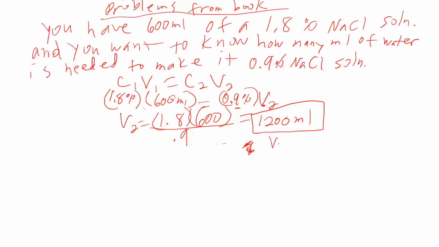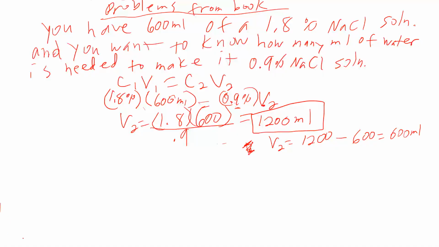So that means that the water would be 1200 minus 600, which is 600 mils.